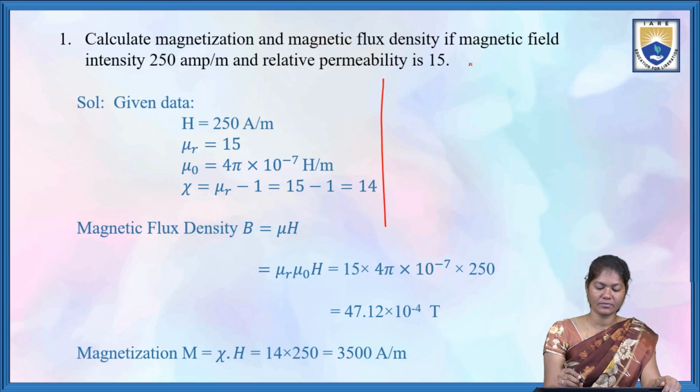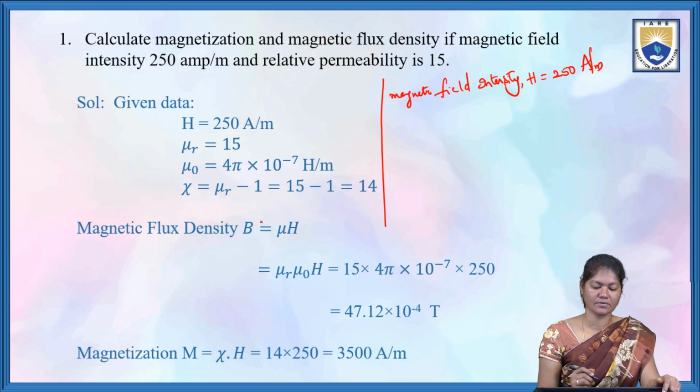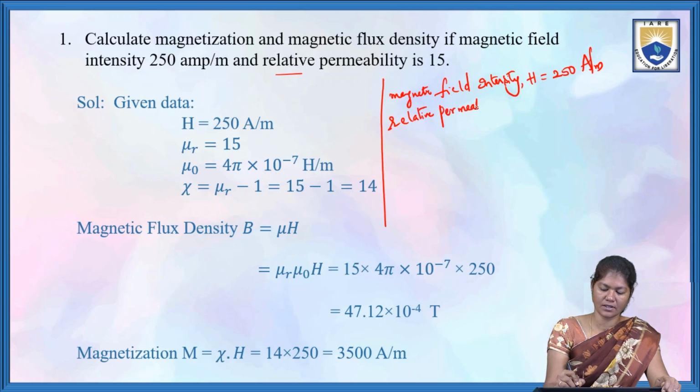Magnetic field intensity H is equal to 250 ampere per meter, and relative permeability mu r is equal to 15.